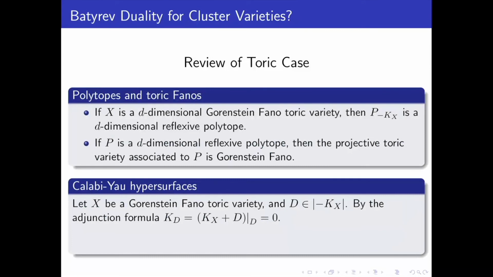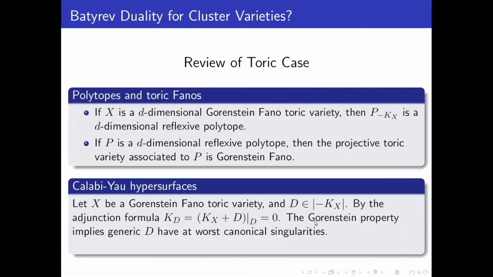Now, if X is some Gorenstein-Fano toric variety and D is some anti-canonical divisor, then by the adjunction formula, the canonical divisor of D is trivial. K_X plus minus K_X is 0. And the Gorenstein property implies that at least generic D will have at worst canonical singularities.